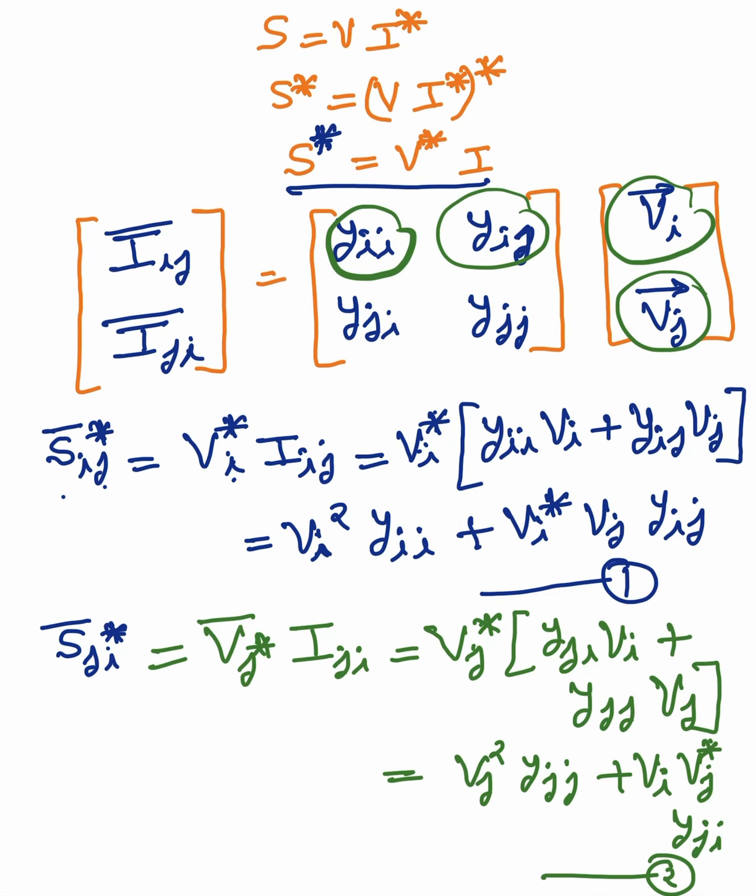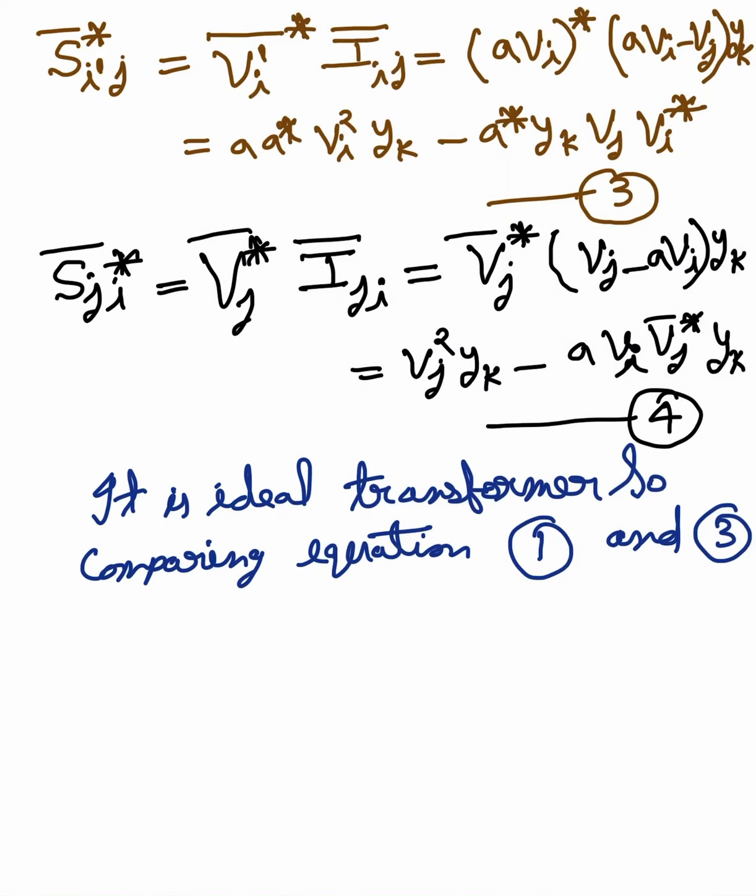Okay, and in equation 3, you can see the value is a conjugate Vi square into Yk. So that means Yii is equal to a conjugate into Yk.